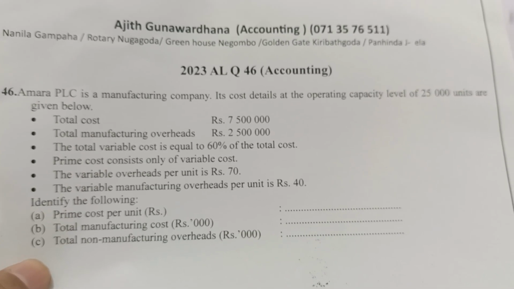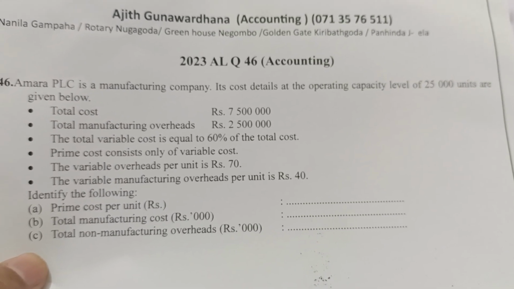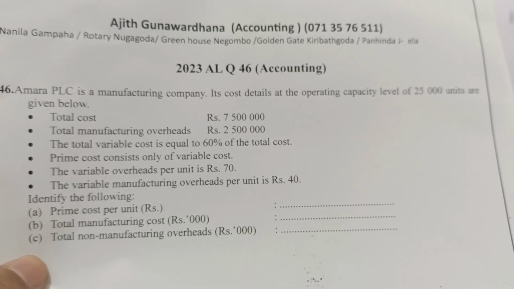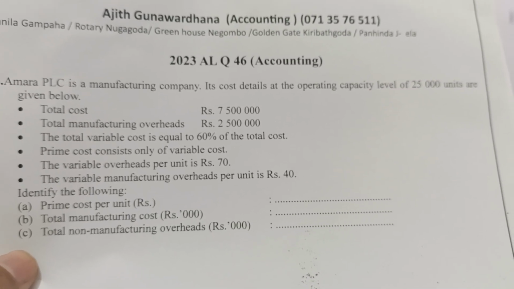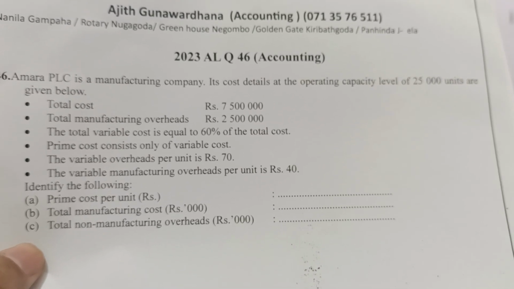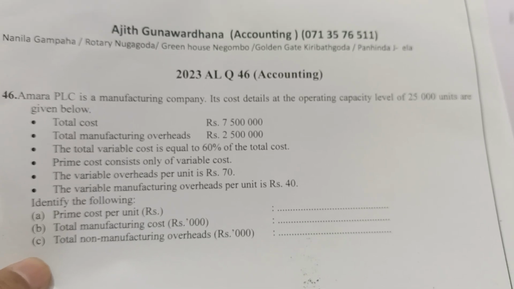Total cost is given, and total manufacturing overhead is also given. Total variable cost is equal to 60% of total cost. Prime cost consists only of variable cost.